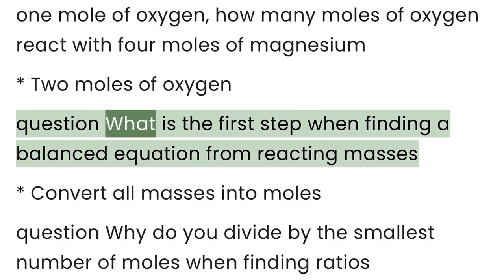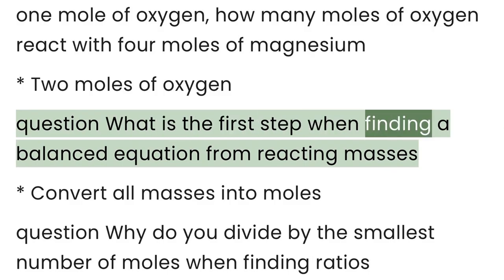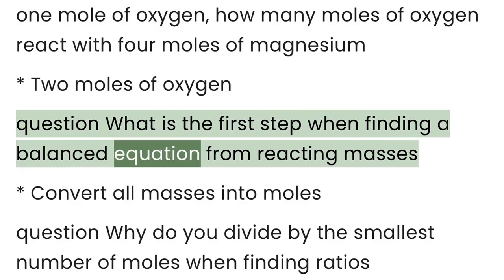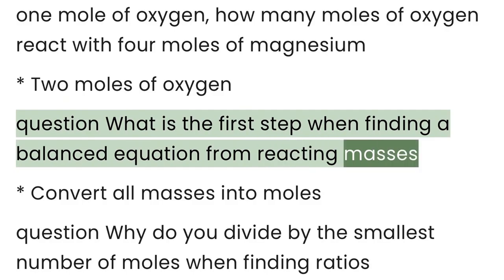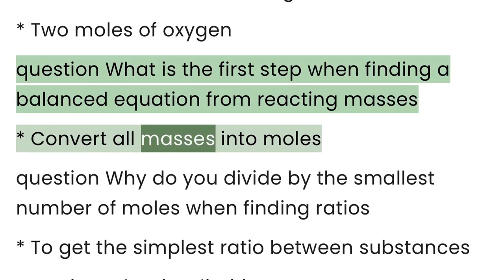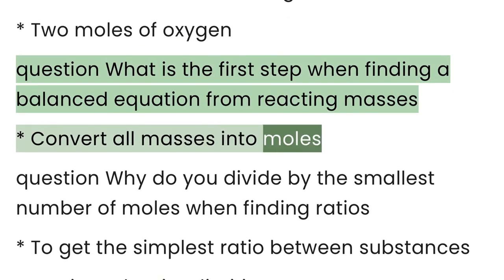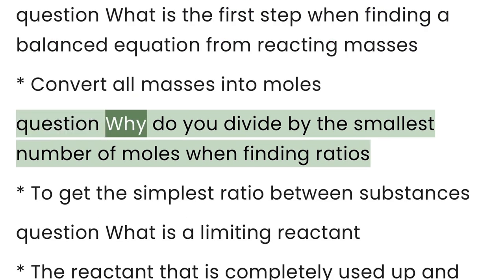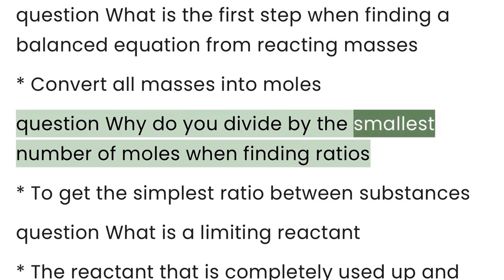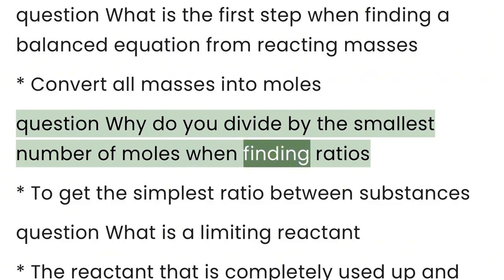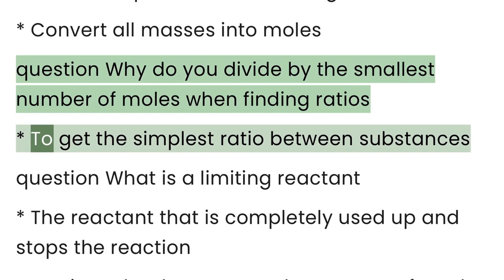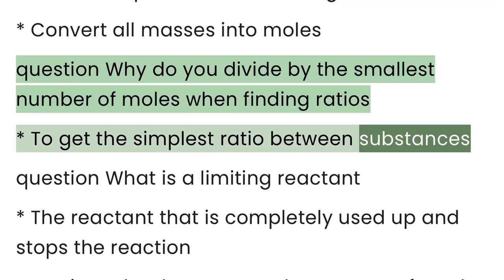Question. What is the first step when finding a balanced equation from reacting masses? Convert all masses into moles. Question. Why do you divide by the smallest number of moles when finding ratios? To get the simplest ratio between substances.